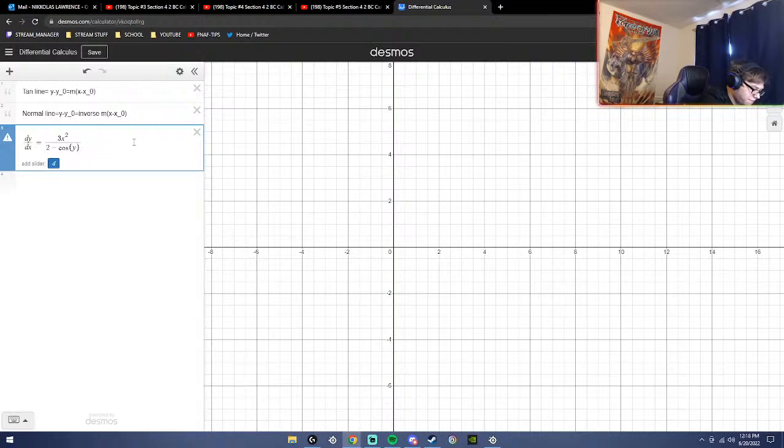So then it would be the derivative of the first, 6x to the power of 1 times the normal, of 2 minus cosine of y, minus the normal, which would be 3x squared times 2 plus sine of y.